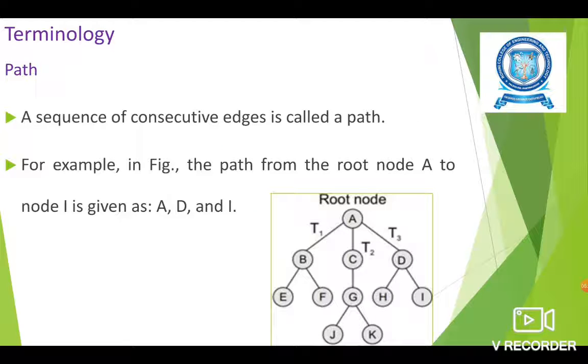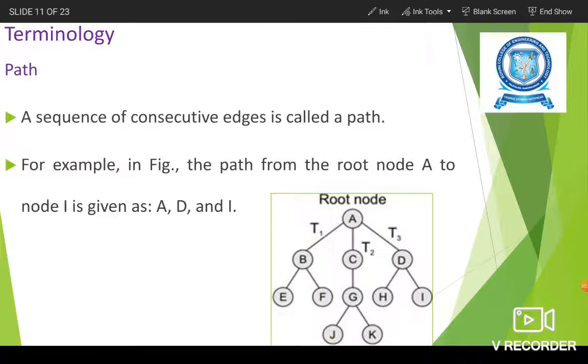Then what is path? A sequence of consecutive edges is called a path. Okay. Can you tell me the path from the root node A to I? So from the root node A, I can reach D, then D to I. So this is the path.